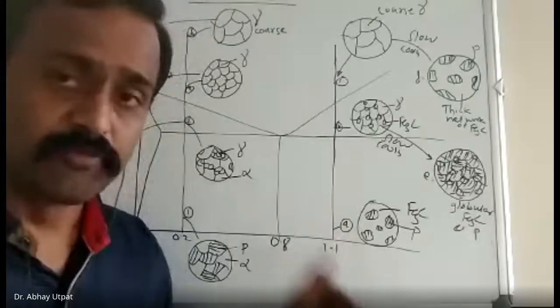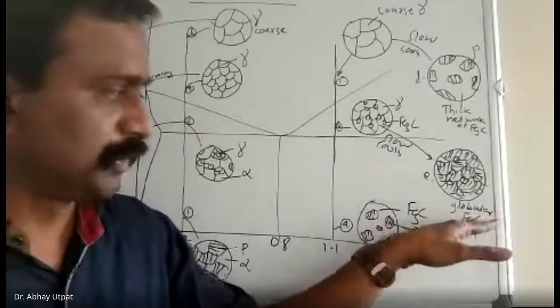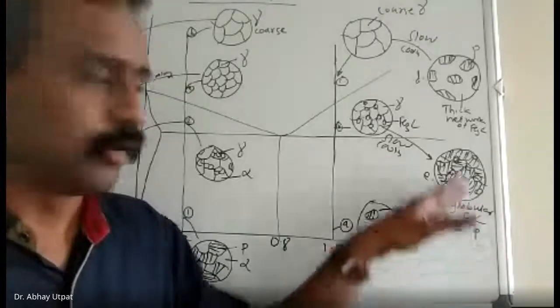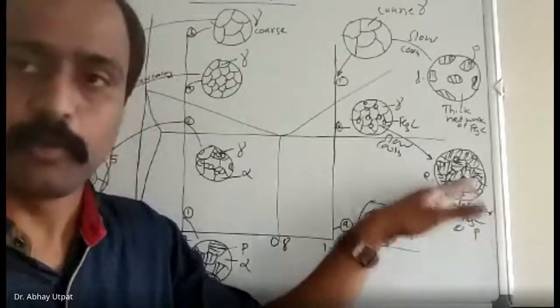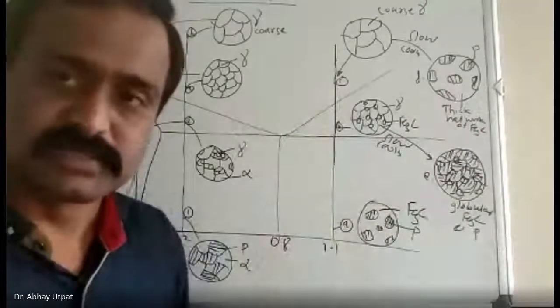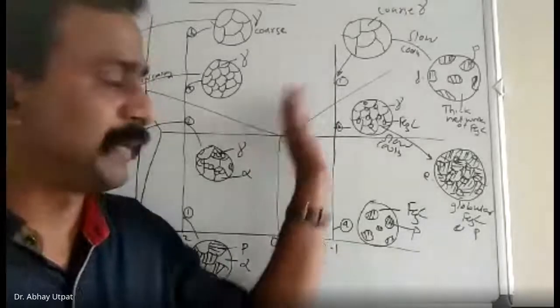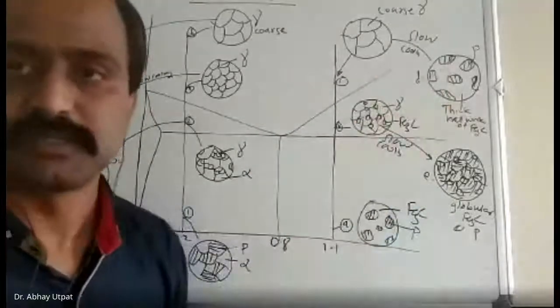However, if we follow partial cycle, the microstructure will be globular cementite and perlite. Globular cementite structure has better mechanical properties than thick network of cementite. Hence, annealing of hypereutectoid steel is carried out by partial process, not by full process.